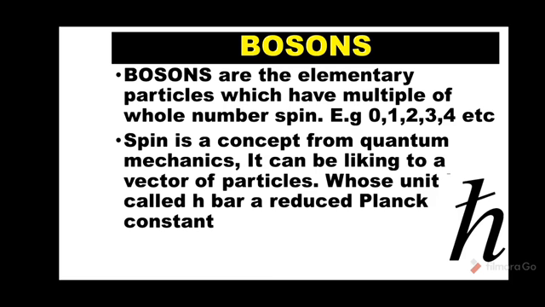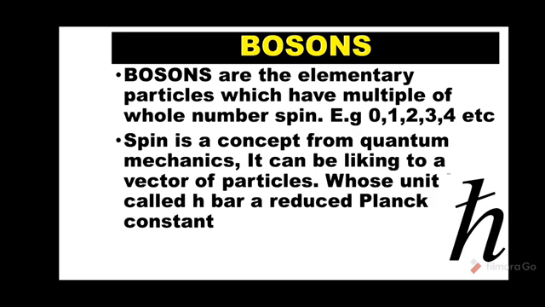So this magnitude of h bar, which is the unit, may be the value of some elementary particles which belong to this boson, unlike the fermions which had 1/2, 3/2, 5/2, etc.